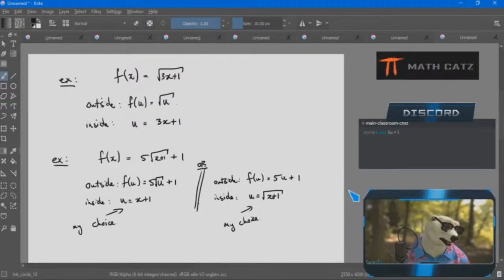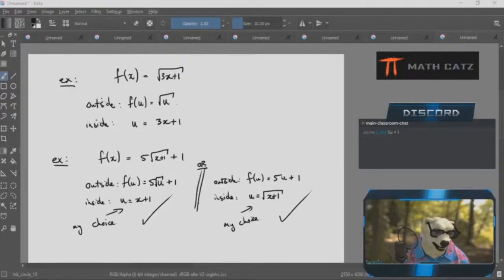Which one's right and which one's wrong? They're all correct. This one's correct. This one's correct. I can't think of anything else, but the good news here is that in this kind of question, where I have to deconstruct the given function into an inside function and an outside function, I often have more than one answer.